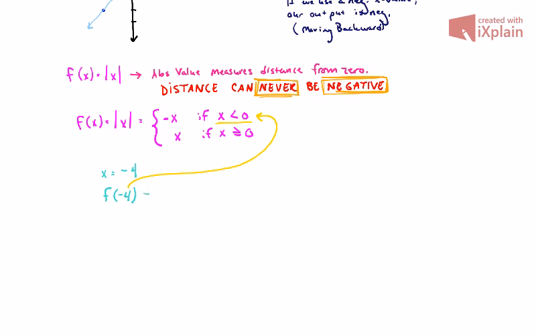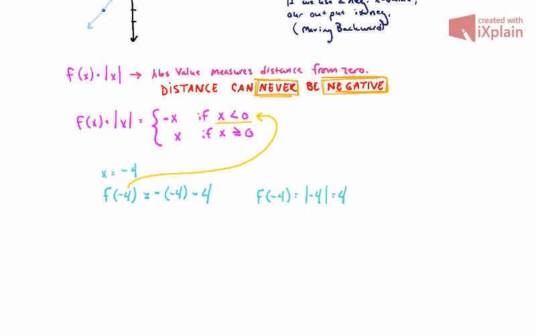So if I do this, then I would have negative negative 4 happening, which would result in a positive 4. Bear in mind that if you did this using the actual function, the absolute value of negative 4 also gives you positive 4.